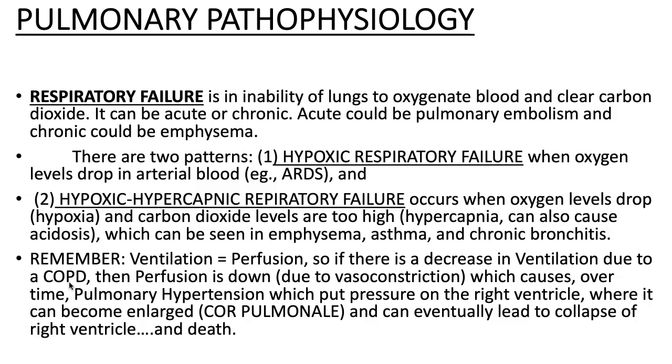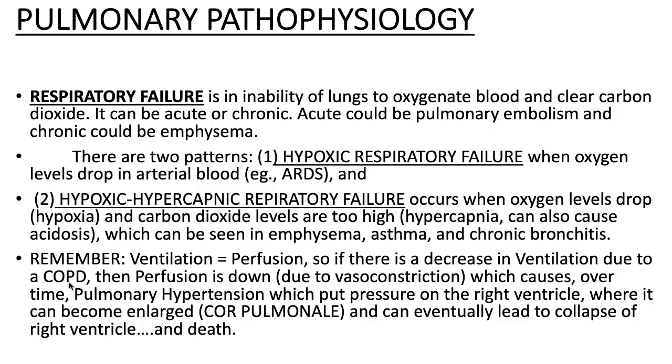And the way that you get the perfusion to be equal to the ventilation, which is down, is to do vasoconstriction. This is a chronic disease. It's going to be over a period of time. That pulmonary hypertension caused by that is going to put a distinct extra load on the right ventricle, which is going to undergo an enlargement because of hypertrophy, and that is called cor pulmonale.